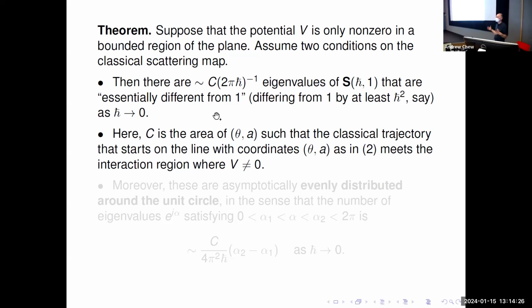It's the area of, so if you look at the set of points (theta, A), which, if you recall, is the way we parameterized lines coming in from minus infinity. Let's go back to this picture just to remind you.